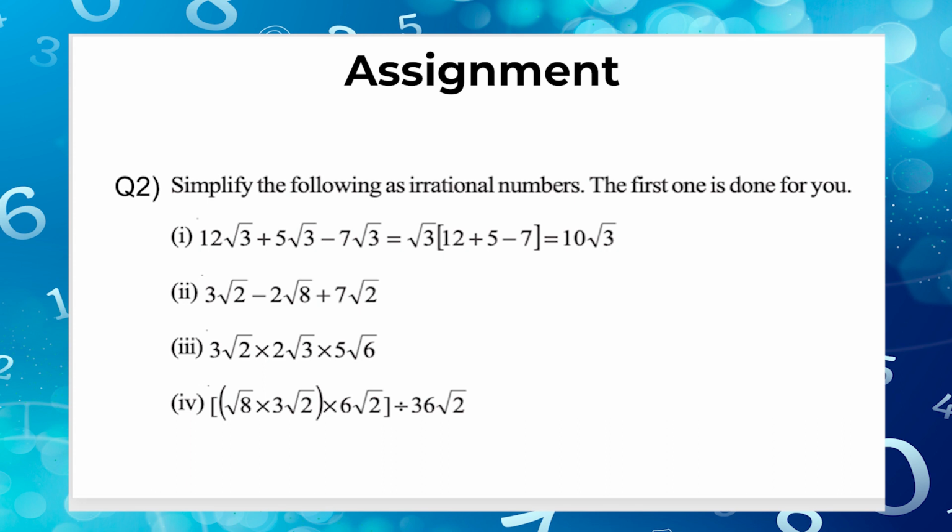Second one is 3 root 2 minus 2 root 8 plus 7 root 2. Third one, 3 root 2 into 2 root 3 into 5 root 6. Fourth one, root 8 into 3 root 2 into 6 root 2 divided by 36 root 2.